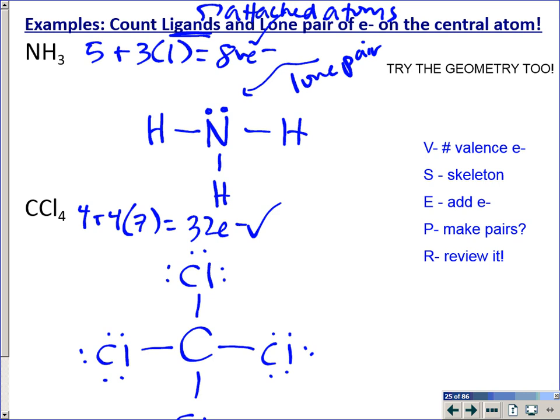Use the long, skinny, flexible ones for double bonds. Short, steady bonds. Those are your single, short, steady bonds.